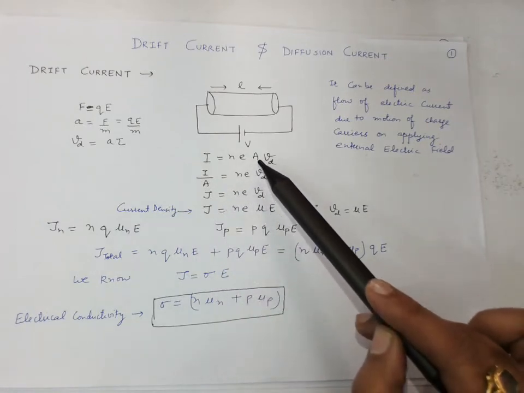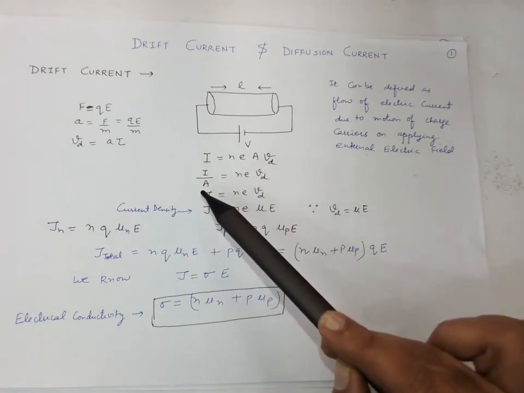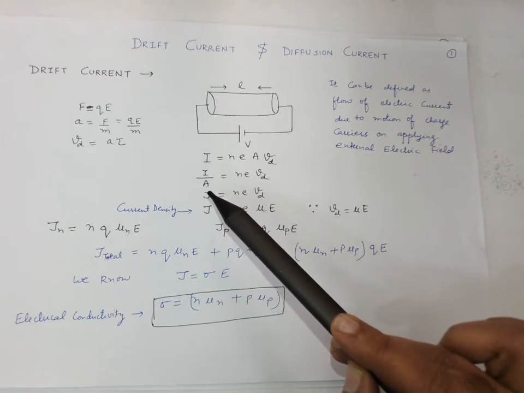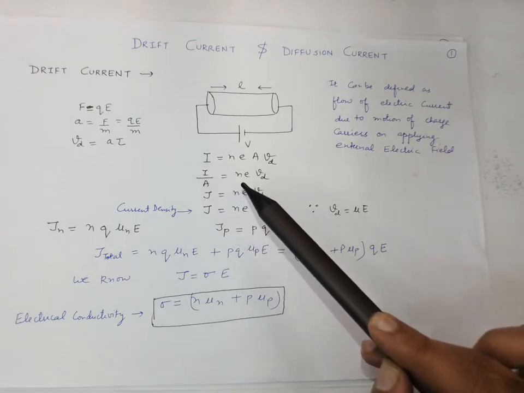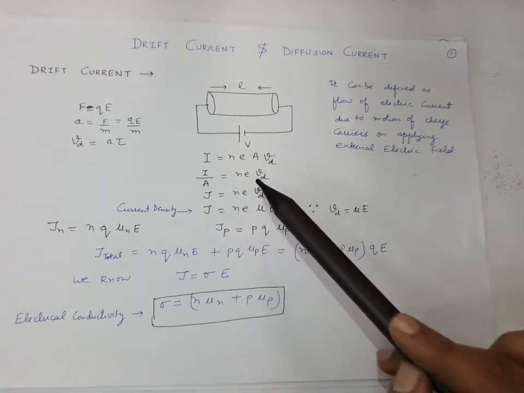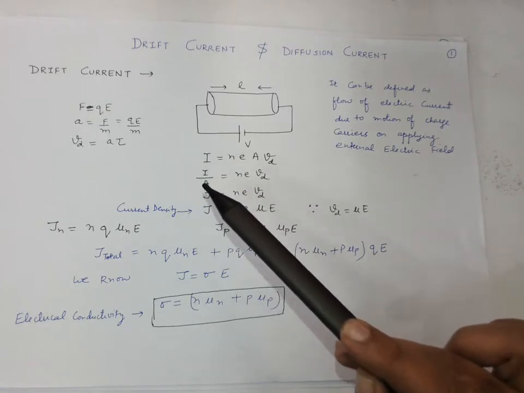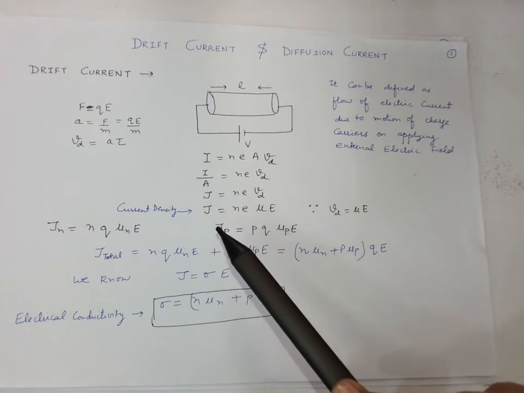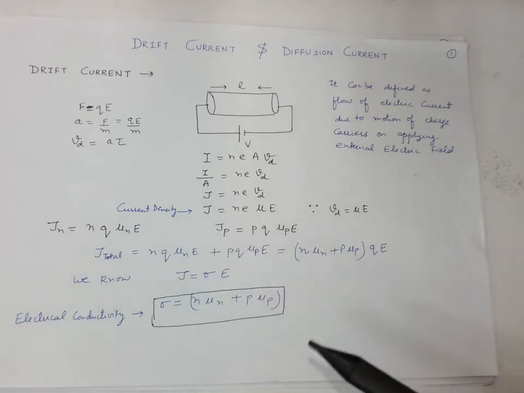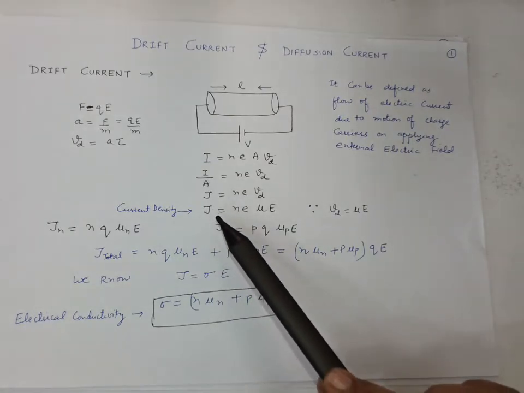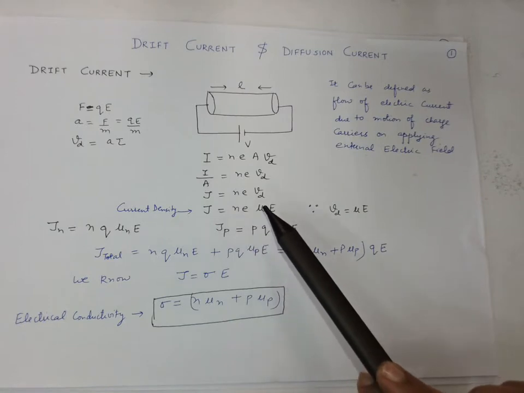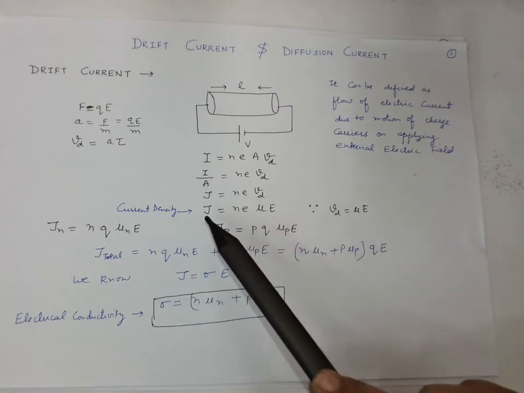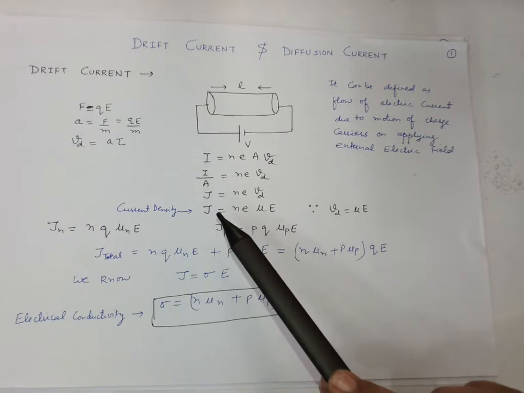Now I take this area to the denominator, so it becomes I/A = nevd. Now this I/A is referred to as current density, represented by J. So J becomes nevd. This is the expression for the current density.